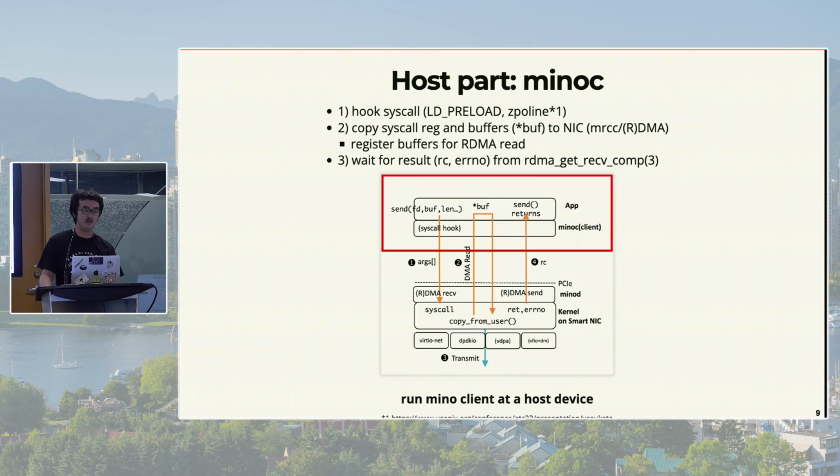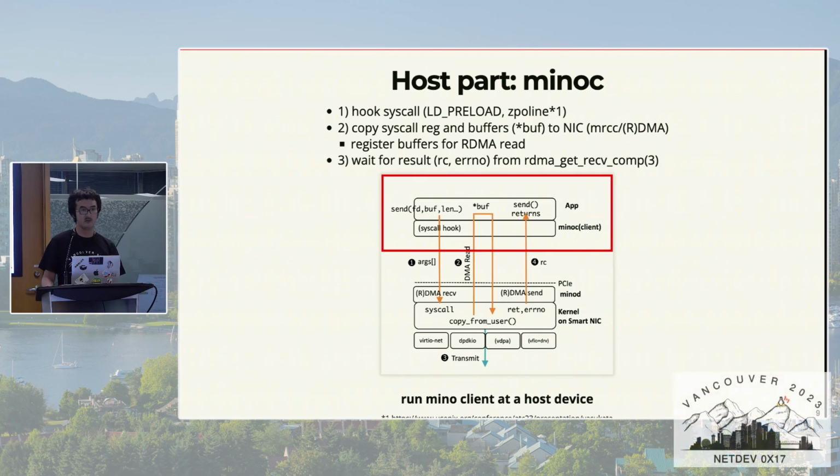Our current implementation is based on LD_PRELOAD, but LD_PRELOAD is not perfect, so we are trying to integrate with a more flexible framework called zpoline, as I put the pointer on this slide.